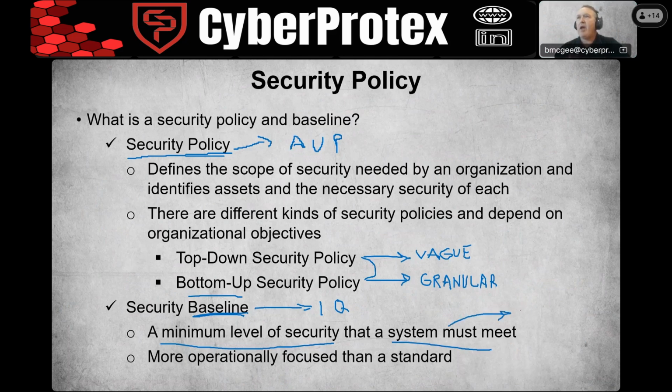If it's a CIA and you're implementing a low, then it's likely the minimum level of security is going to be 400 different controls and 1,200 procedures to actually implement that, right?